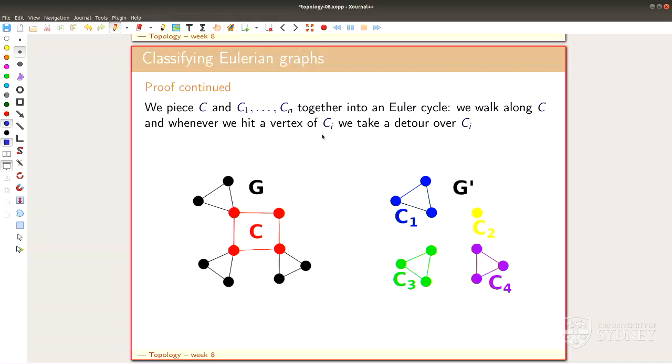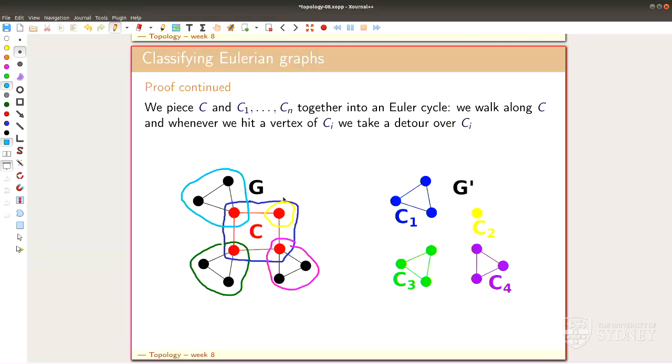So what I will do, and I explain that in the text in a second, I will have a smaller graph, that's a graph in red here, and I have many little other graphs. I have a green graph down here, a purple graph here, a boring yellow graph here, yellow is not really visible, but anyway, and a blue graph up here, and all of them have nice Eulerian cycles, and I piece everything together into a bigger cycle.